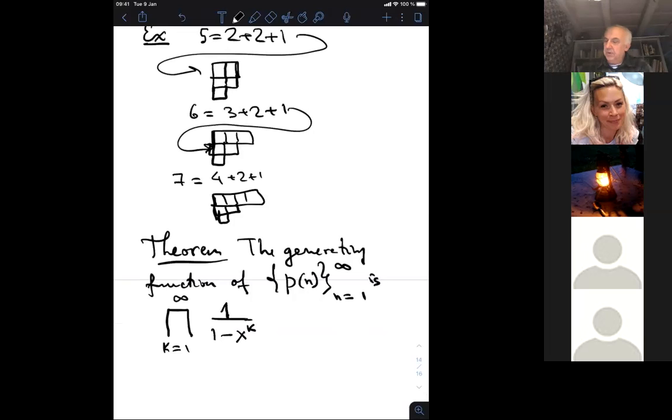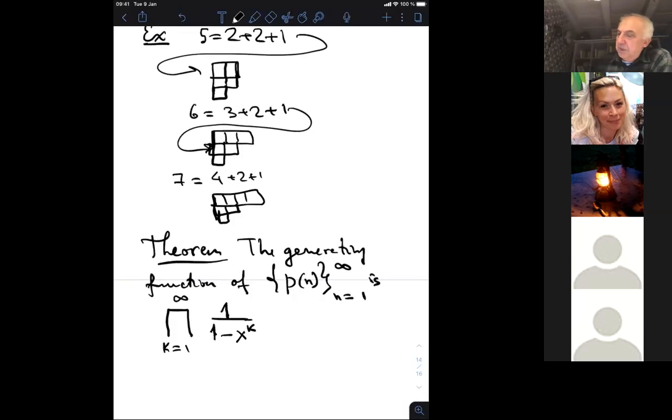It's an infinite product, but still, this infinite product has a finite radius of convergence, as we'll hopefully show. And so it's a well-defined analytic function.